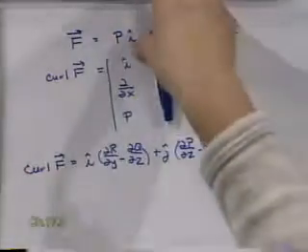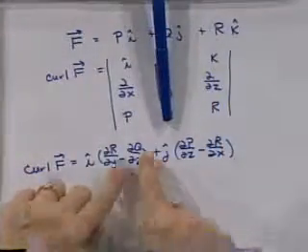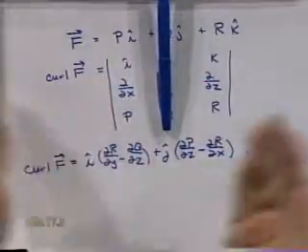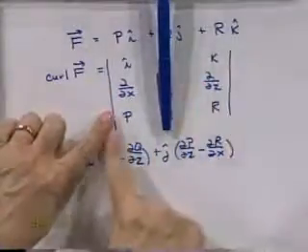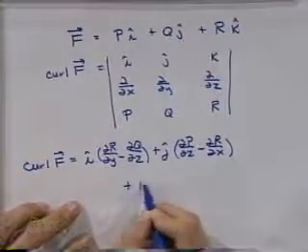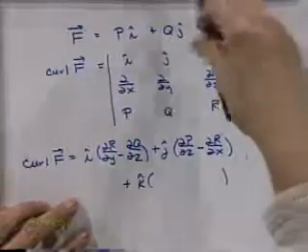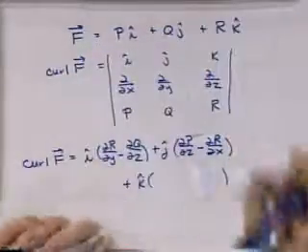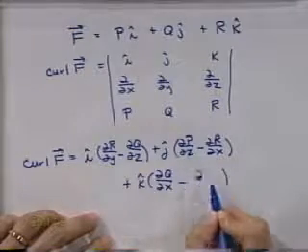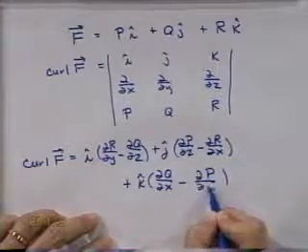I eliminated the row and column that j is in. And normally we had a minus here, but I'm just going to change the order of the subtraction. And then we have our k piece. Eliminate the row and column that k is in, so we'll have the partial of q with respect to x minus the partial of p with respect to y.